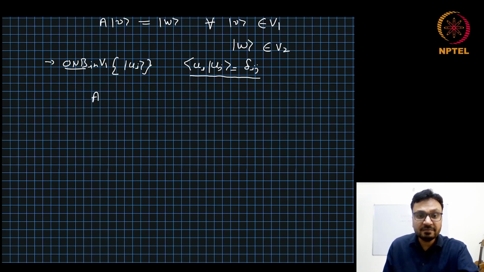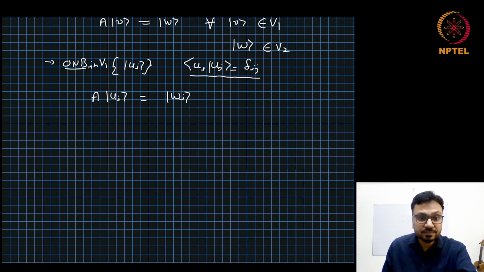Now, if we know the action of A on all the vectors of V1, then we know the action of A on ui also. And let us say we get wi as output. So if you remember the properties of orthonormal bases, that they are complete, it means we can write any vector as a linear superposition of the ui.